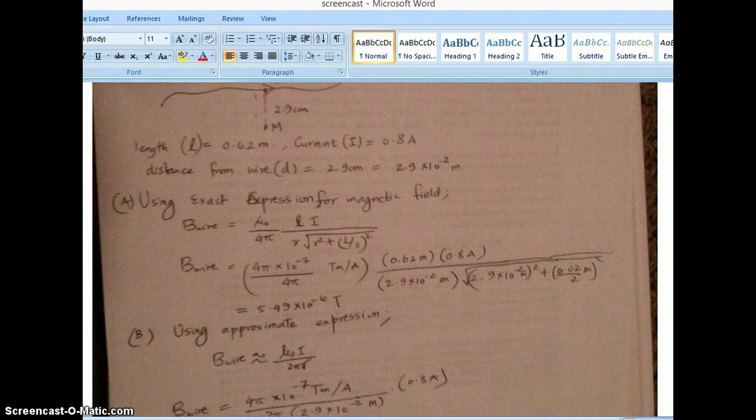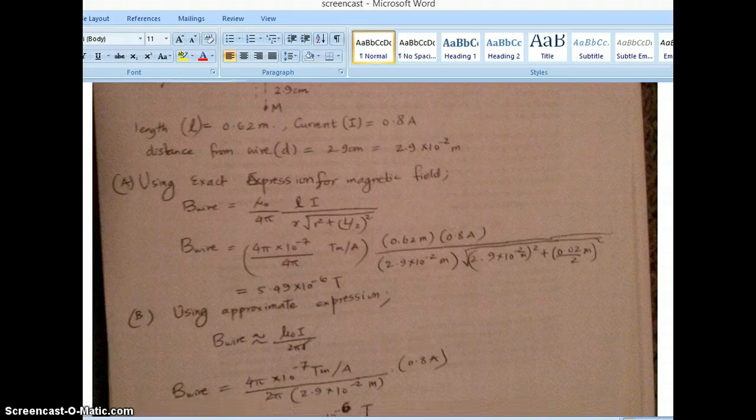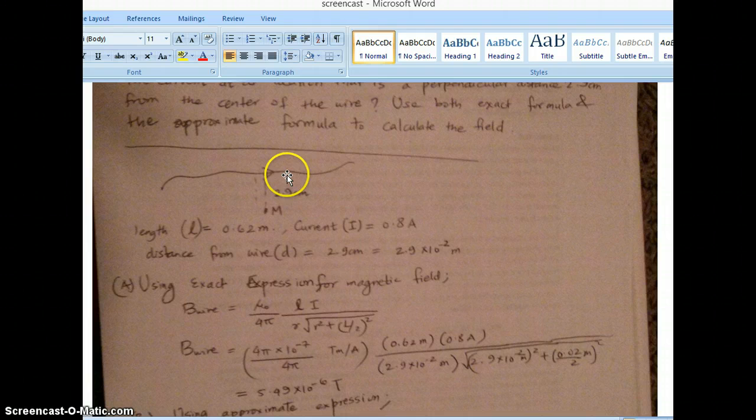So I plugged in the values of L, I, r and mu naught to get this expression right here. B wire equals 4 pi times 10 to the minus 7, which is the value of mu naught, in terms of physics we say permeability of vacuum, over 4 pi, times 0.62 meters times 0.8 amperes, which is the current moving in the wire, over r, which is the distance of the point M from the center of the wire.